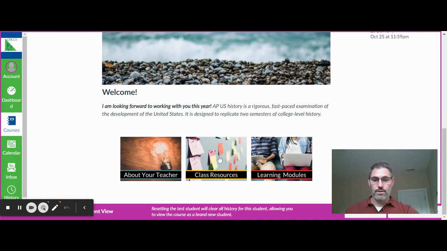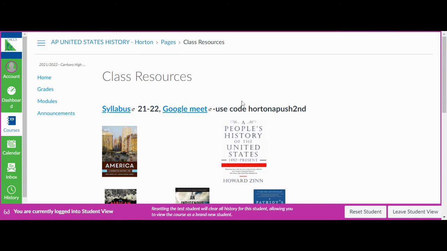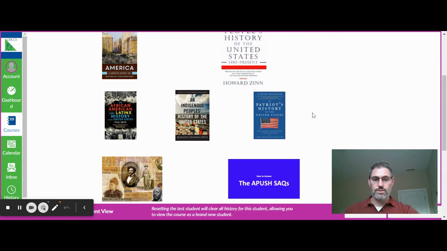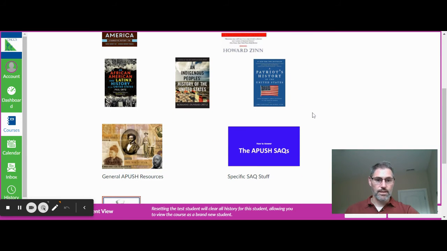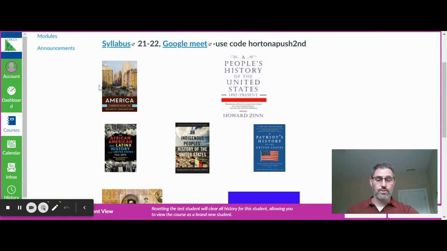I did want to click on the class resources. All of these images are links to additional texts that folks are supposed to be reading in addition to the main textbook, which is American Narrative History. It's over 1,000 pages, and we are going to be working our way through it. But we also encourage and basically require students to read other texts, because history is not just from one perspective.